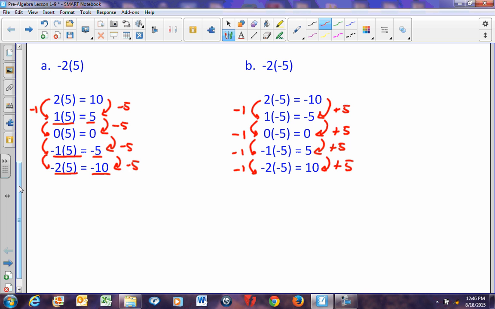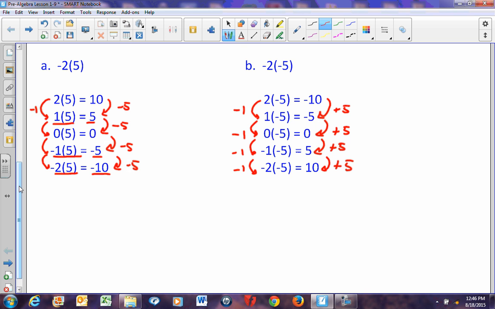So when we finally get down here, we have 2 times -5 is -10, 1 times -5 is -5, 0 times -5 is 0. -1 times -5 becomes +5 if we follow the same pattern. And -2 times -5 becomes +10 because if it follows the pattern, which it does, it has to change to positive.